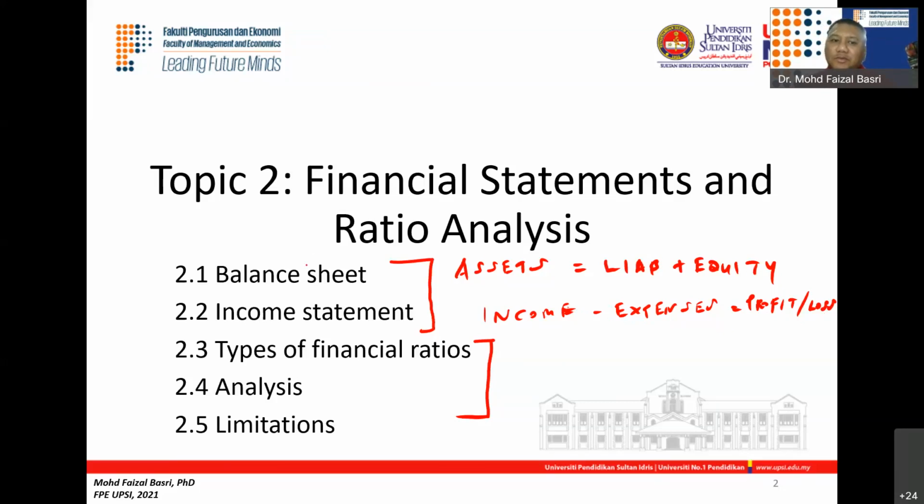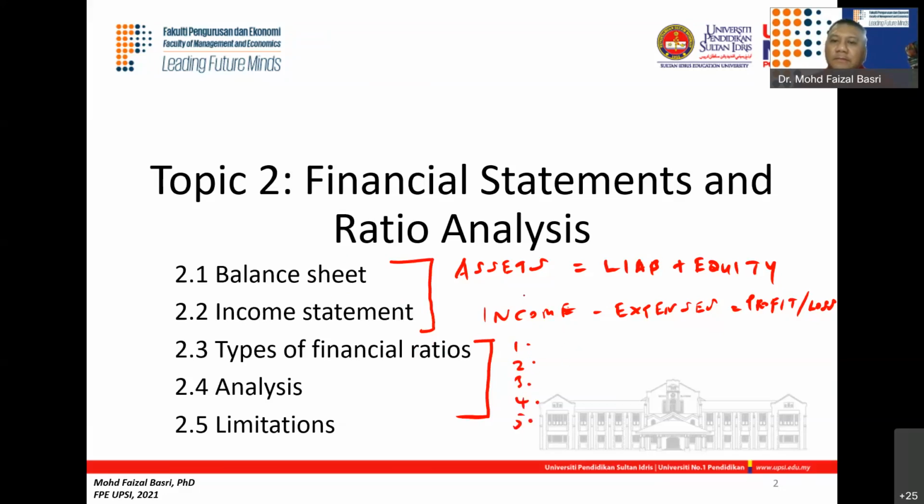These two statements are really important for our ratios because they will be our sources of information. All the ratios rely on these two documents, as you will see later in terms of financial ratios. For those who have watched the video, you will see there are 5 different categories of ratios.